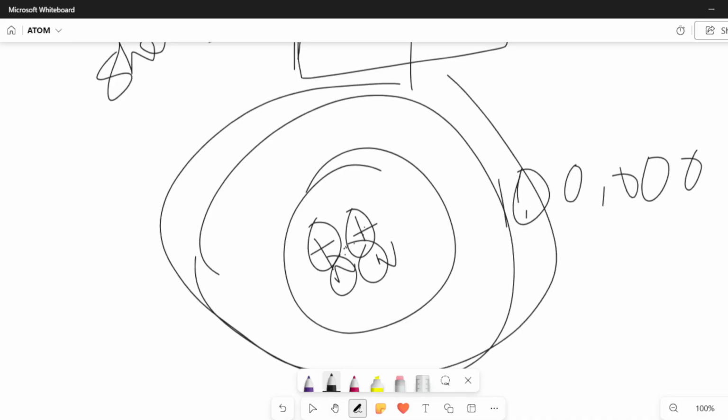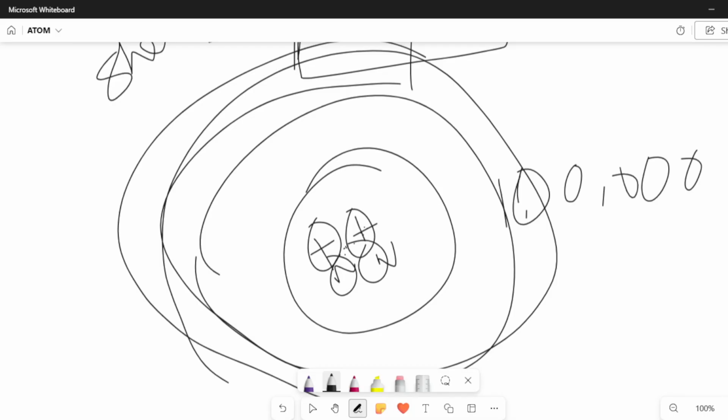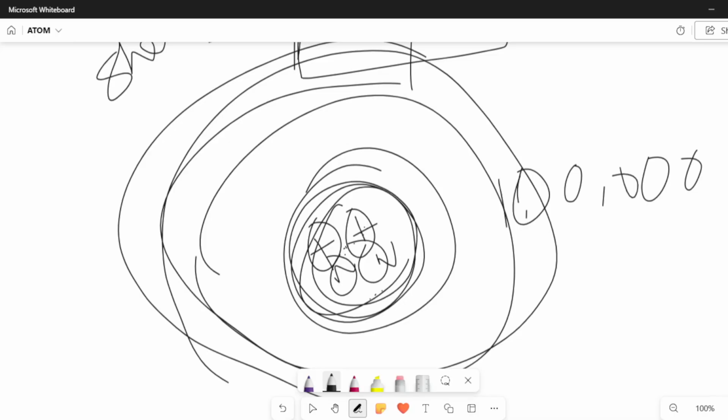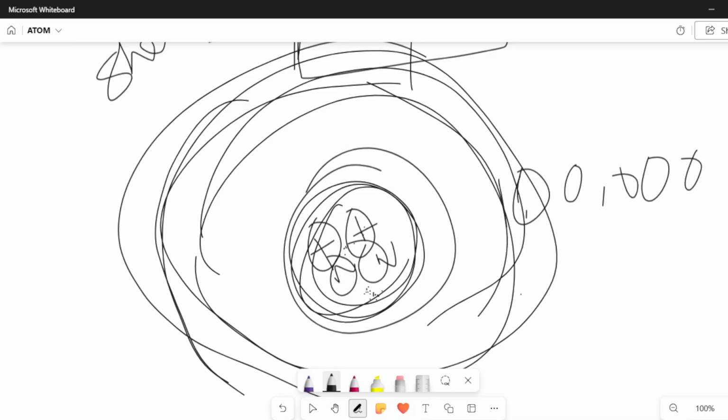The mass of this atom is concentrated in protons and neutrons, and all these electrons are waves around it. So that's why this is all an empty space and it does not have much mass. So most of the mass or the weight of the atom comes from this nucleus part where protons and neutrons are present. That is 99.99 percent of the atom's mass.